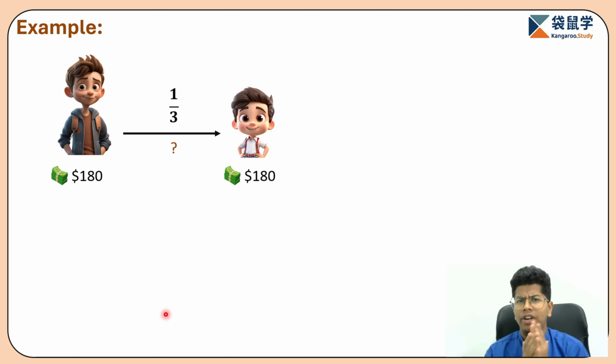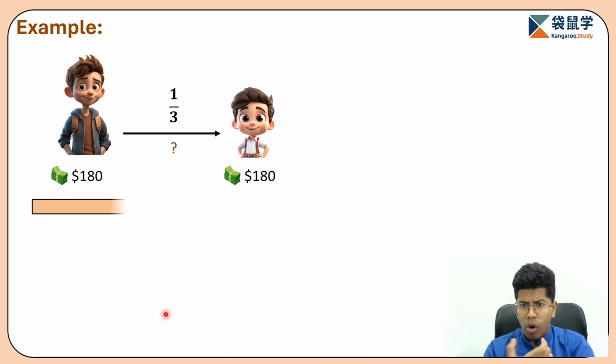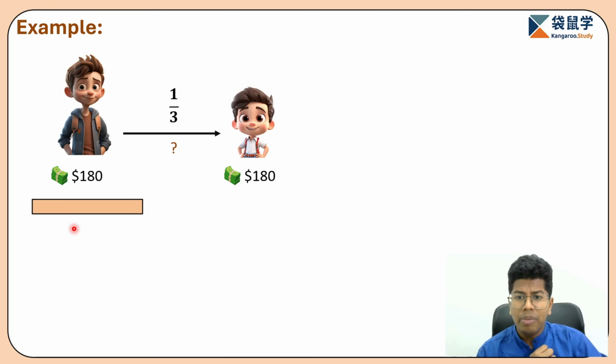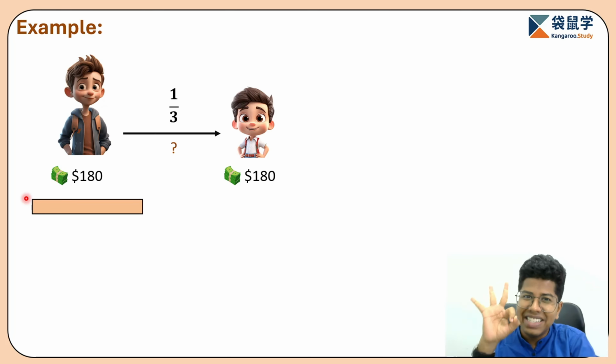We can think of it. See, he gave 1/3 of his money. So, if I want to represent it using a model, this is the total money that he had. Now, if he gives 1/3 of his money, this means this length will be divided into how many parts? Yes, just 3 parts.